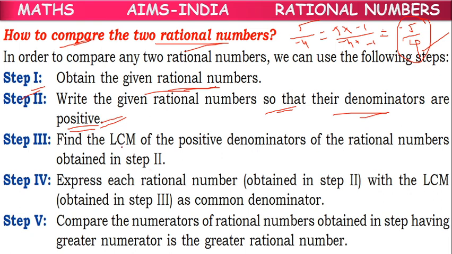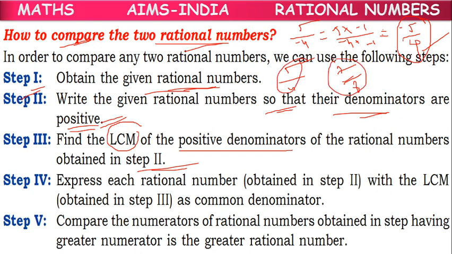Next, step 3. We have to take the LCM of positive denominators which we have obtained in step 2. So for all the denominators like 5 by 4, 7 by 8, whatever rational numbers are there, for the denominators, 4 and 8, we have to find the LCM.